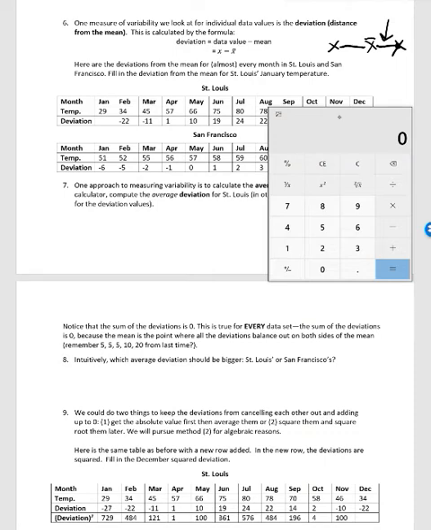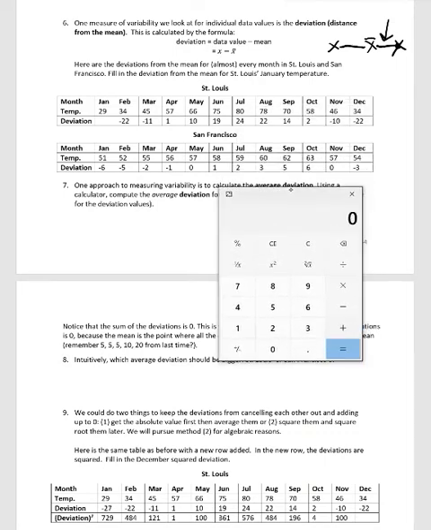Okay, I think I'm back. So, for example, looking at February, we would take the data point 34, that would be our X, minus the mean. And if you remember from above, the mean for St. Louis was 56, I believe. And we get negative 22.